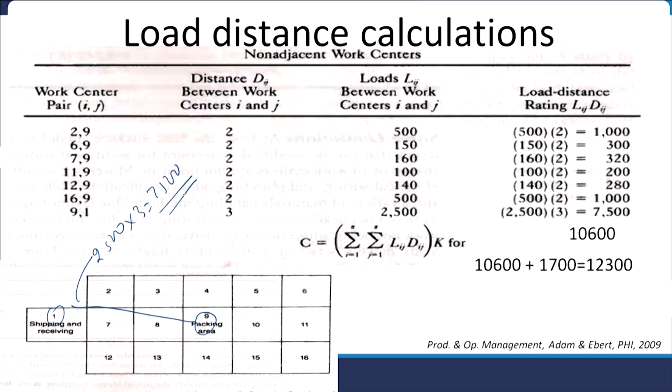Another highest is the 16 to 9 movement, at 500 to 1000, and another high load into distance is 2 to 9: 500 to 2, causing 1000.